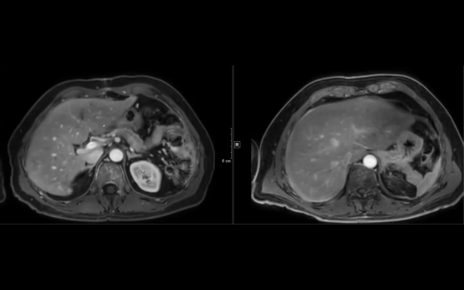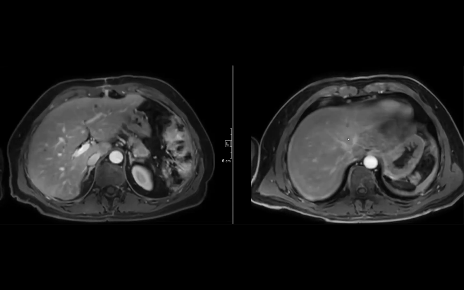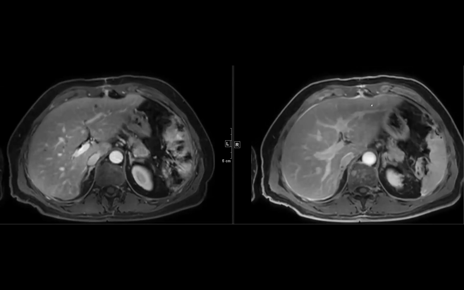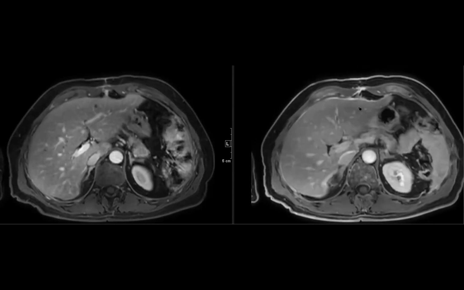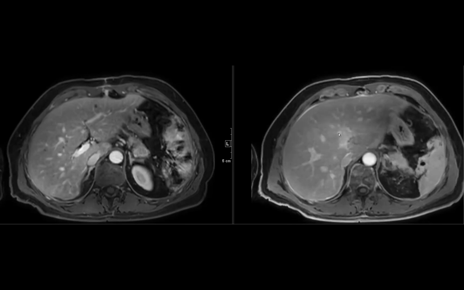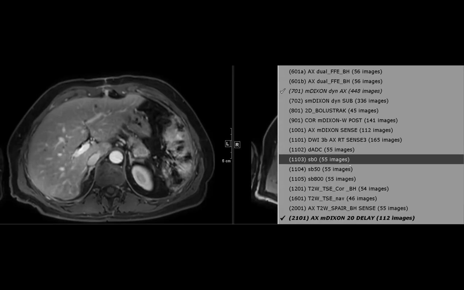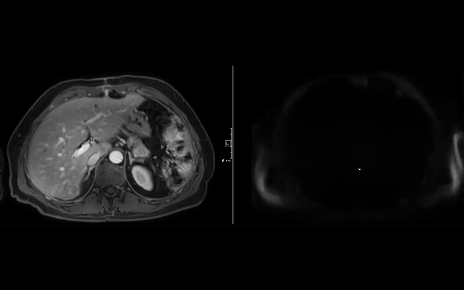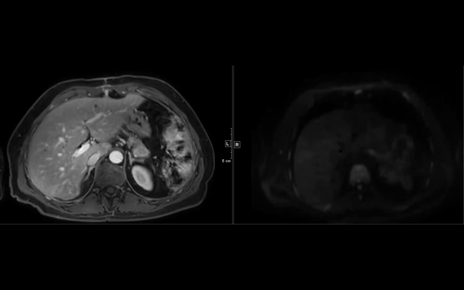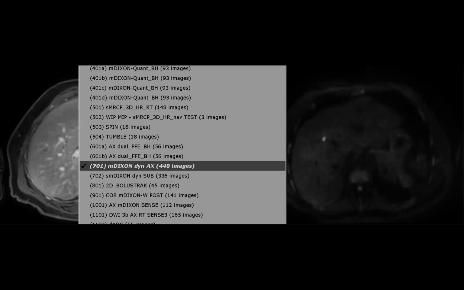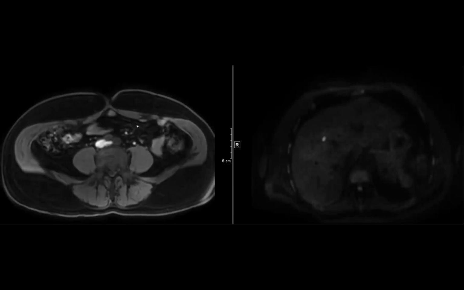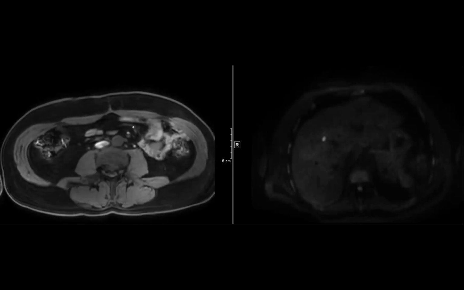And this is just to compare. You can see them very nicely early on, and then later on, you don't see them nearly as well. On the diffusion, one of them restricts, but it's also one that is very bright on T1. So it could be something hemorrhagic.